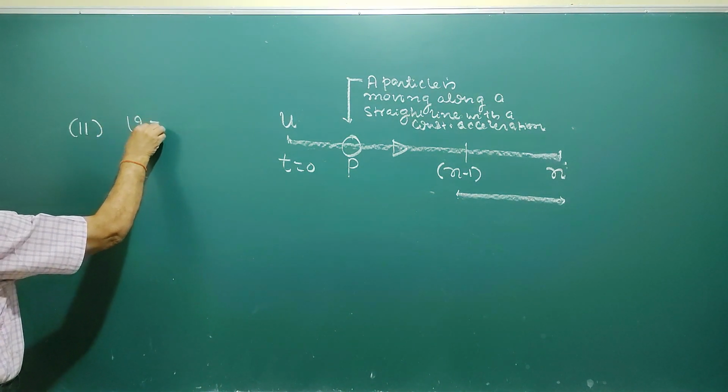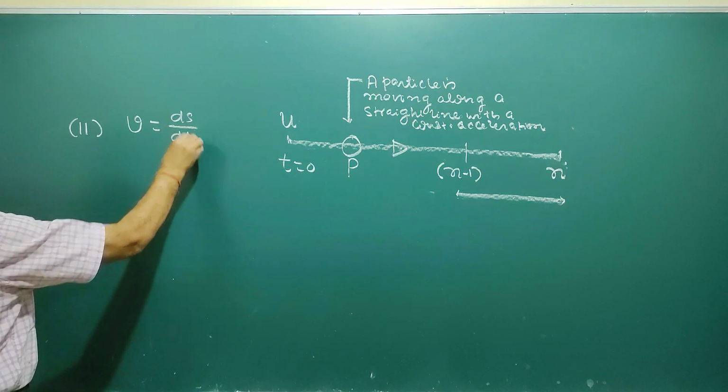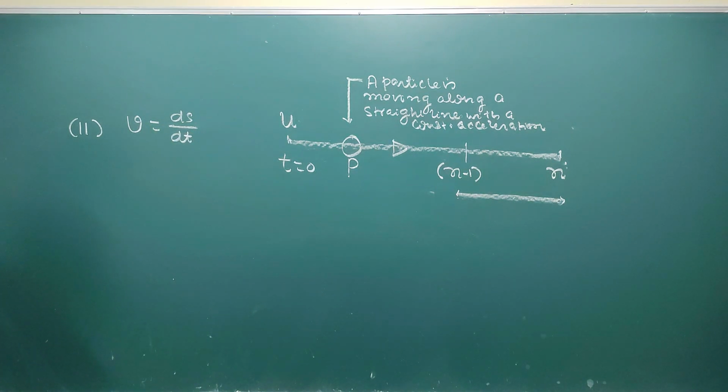Velocity v is equal to ds by dt, right? This is the definition. V is equal to ds by dt.